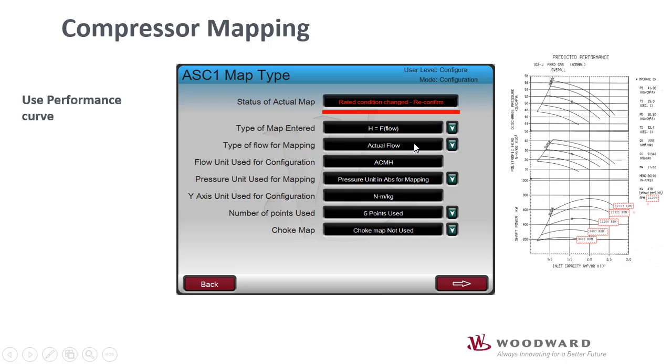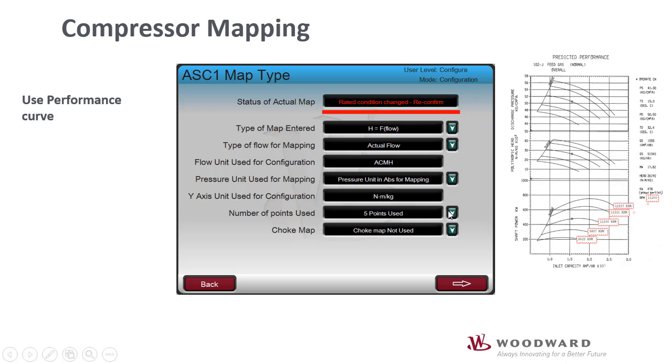Type of flow for mapping: you can see on your flow axis, this is actual meter cube per hour, so we are going to use ACMH. The pressure units for mapping are absolute, and you can see the pressure units on the map are in absolute, kilogram per centimeter square A. This is the polytropic head unit.